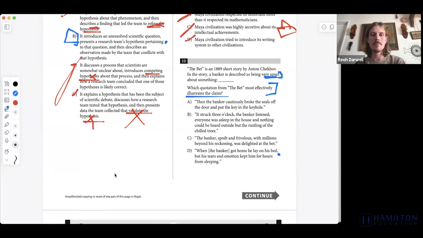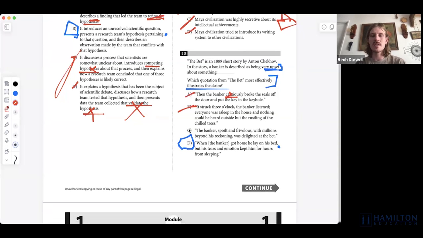So D shows that, right? The banker is crying. He's not able to sleep. He's very emotional, right? A, cautiously, we don't see any emotion, anything like that in this answer choice. B is a nice thing, but it has nothing to do with being upset.